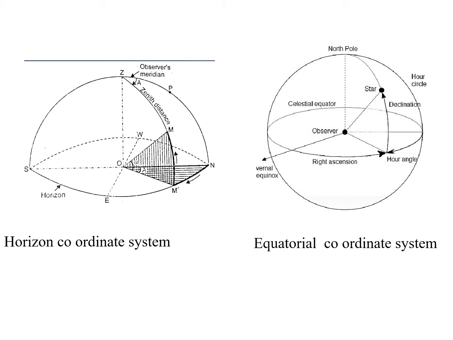So if this is your altitude, the remaining angular distance is 90 minus alpha. Here you can see, it may not be clearly visible, this is alpha, we call it the altitude, and A stands for the azimuth.